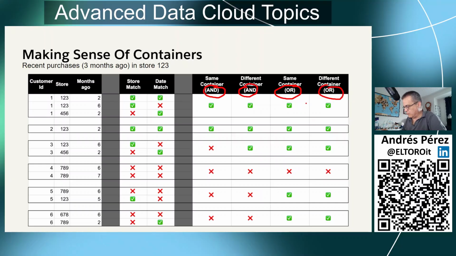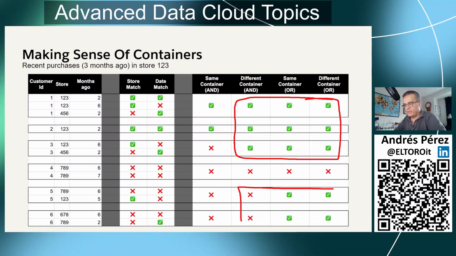So when we do ORs, these records are the same, but not these ones. So when we do an OR, here or here, we're finding these records, but we're not finding these records.